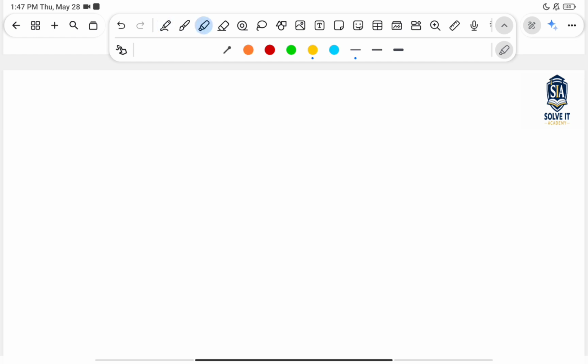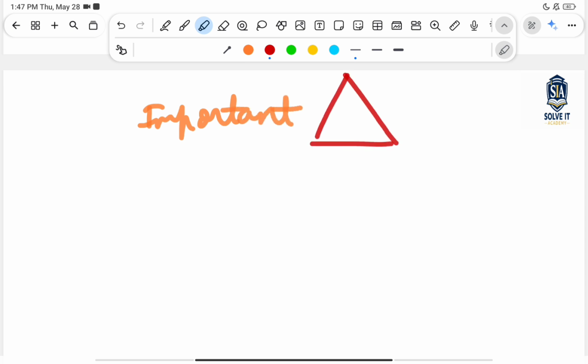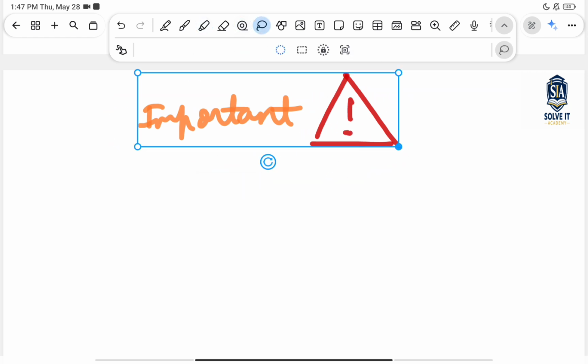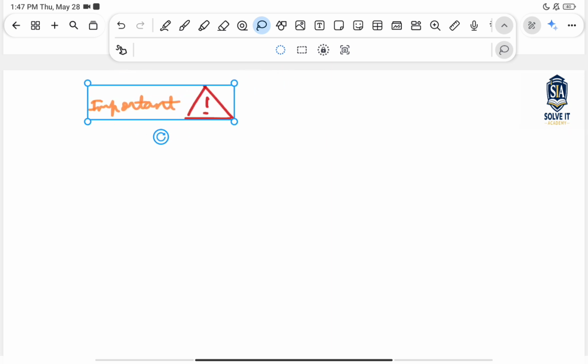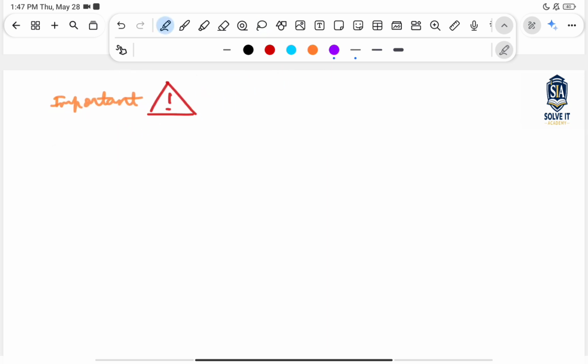These will clear your conceptual understanding about electric field, and competitive questions will stress this type of concept. Let us understand the concept first.